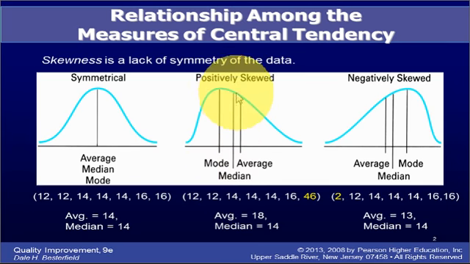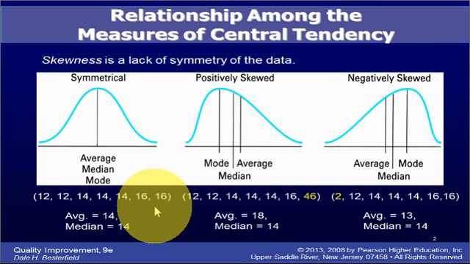If the distribution is heavier below the median, then it is positively skewed. If the distribution is heavier above the median, then it is negatively skewed. And the mode is used just to find a quick measure of central tendency: you just see which number occurs the most times.